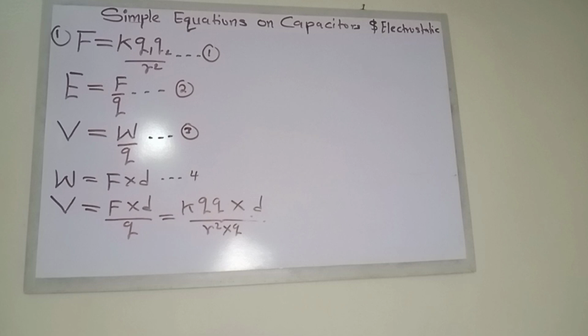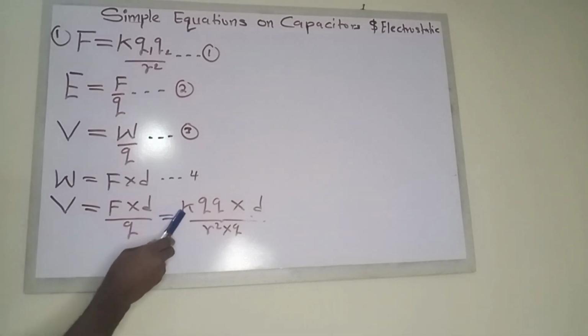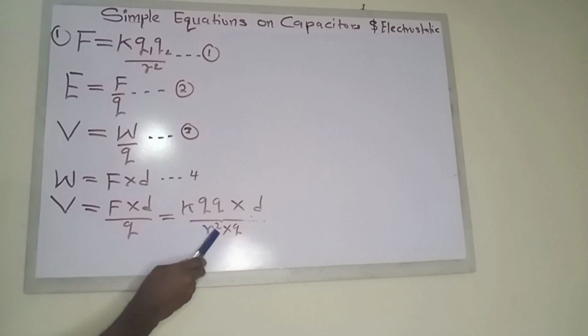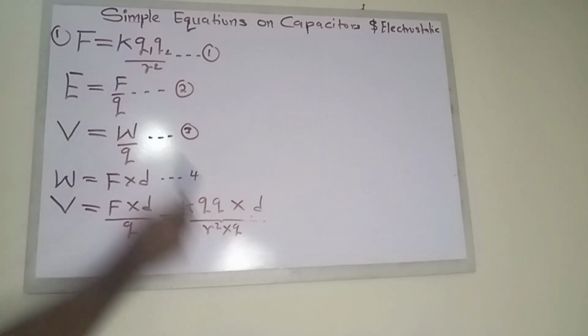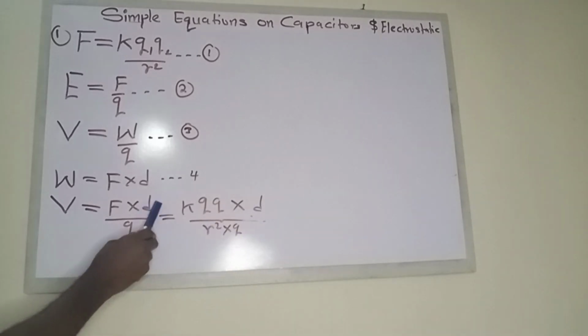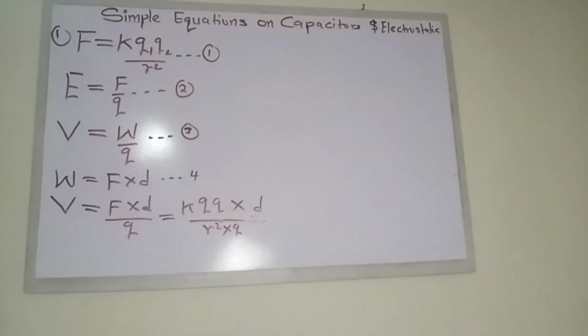Now, let's interpret this. The constant K, Q, Q, over R squared gives birth to this particular force. So our D over Q is the same as D over Q here, so let's cancel.